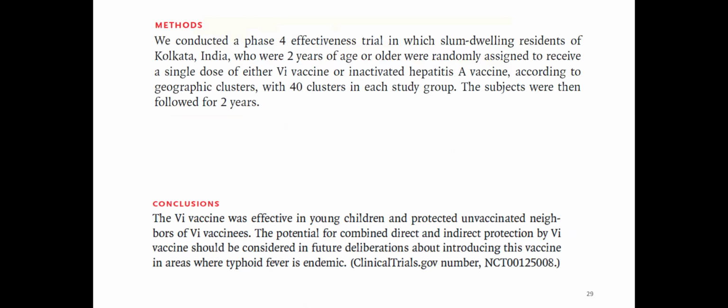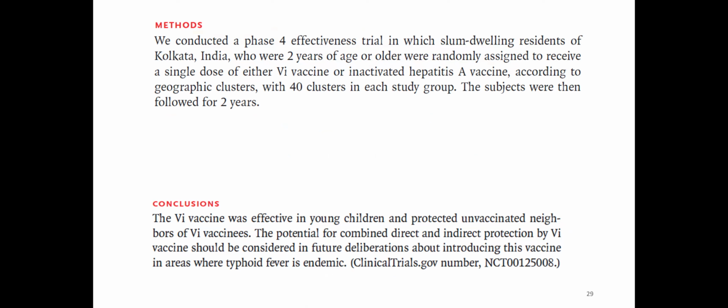In this study, they conducted an effectiveness trial where residents of India who were over the age of 2 were randomly assigned to receive a single dose of this typhoid vaccine or an inactivated Hep A vaccine according to different geographic clusters, and they had different clusters within the study groups.